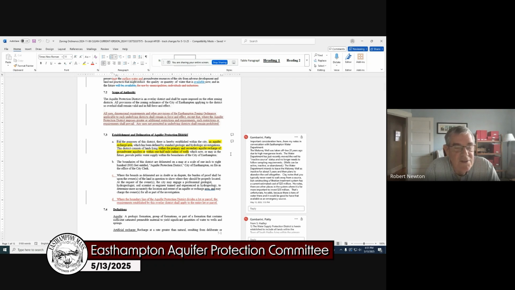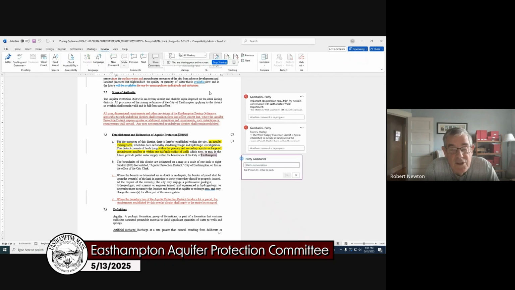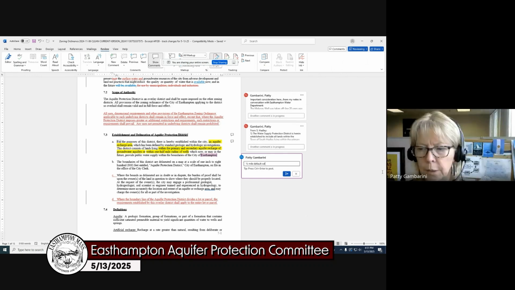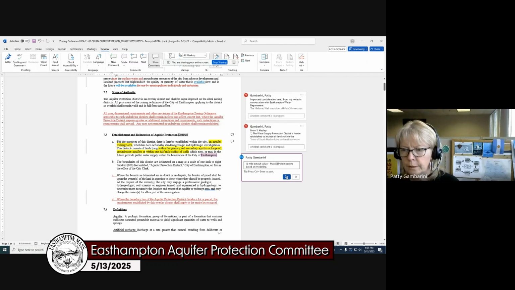So I think that was sort of a default value until the zone 2 could be determined by the modeling that had to be done to determine it. Okay, so we can update this. Does that sound all right?